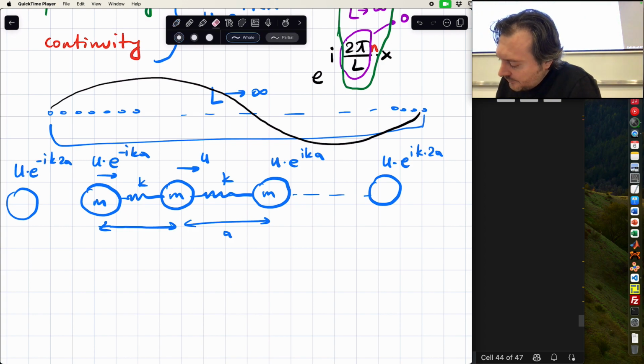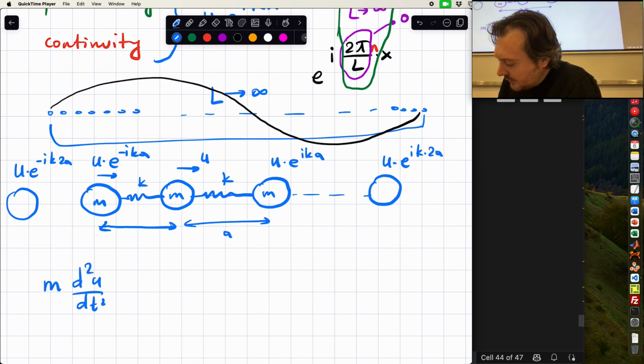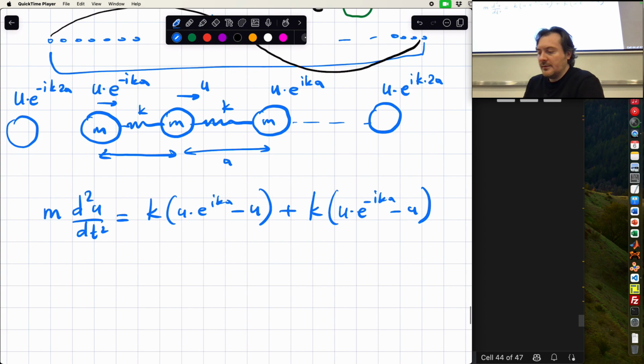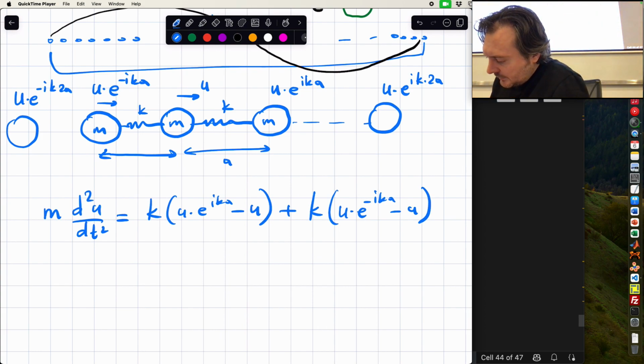What do you have? m times d squared u over dt squared is equal to k times u times e to the ika minus u plus k times u e to the minus ika minus u. Yes?